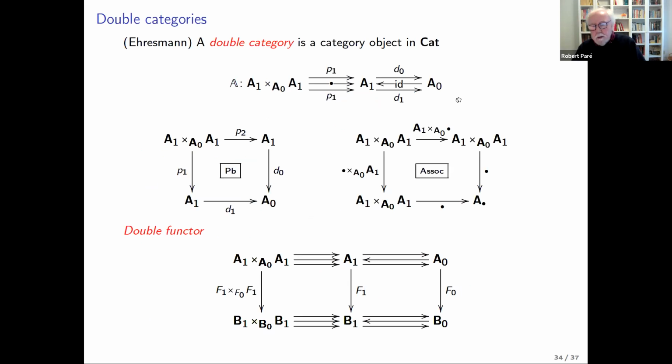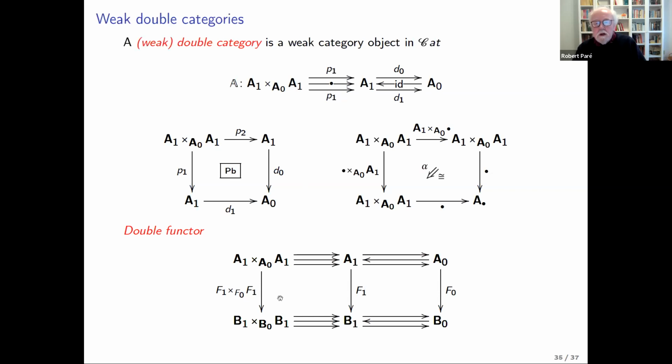We had these two categories, these functors, and so on. Now, instead of having associativity, we stick in an associativity isomorphism. There are also isomorphisms for the unit, the left and right unit, and these satisfy the usual conditions. So this is a weak category object.